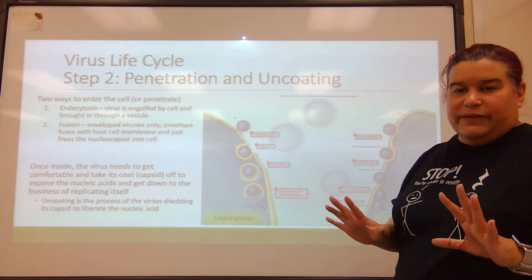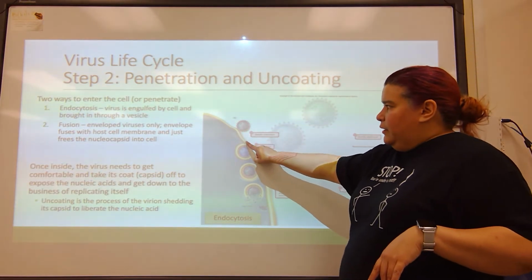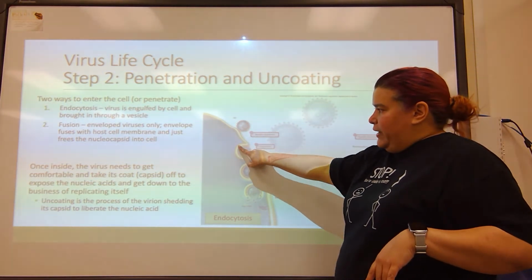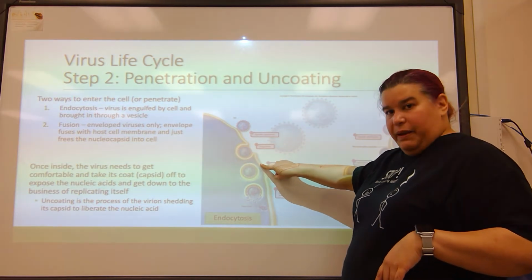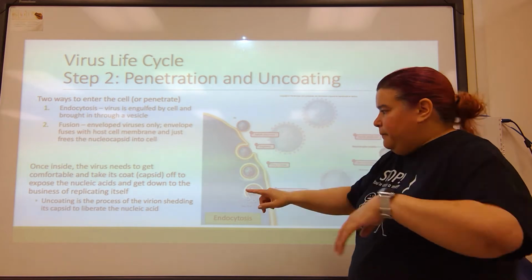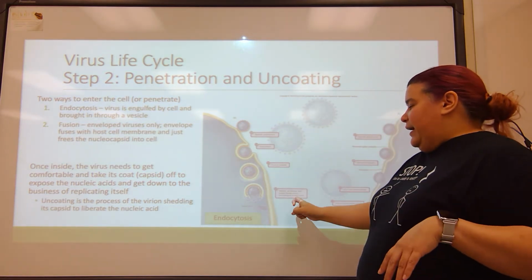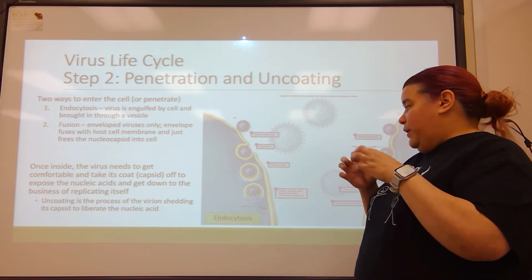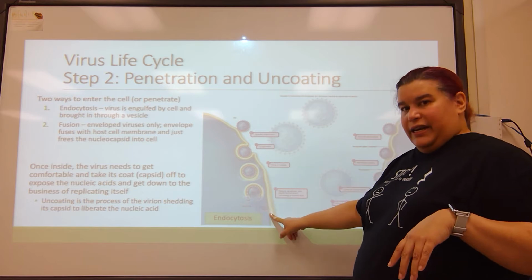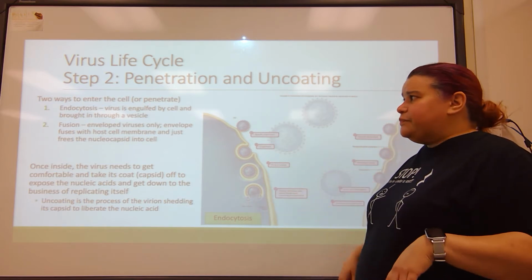Vesicle is a very fancy way of saying bubble, okay? So if you look here, there's the virus, and we actually are surrounding that virus with the cell's membrane as we bring it in. So we get into the cell, and eventually that vesicle and envelope break open, releasing the genetic material that can now take over the machinery of your cell.